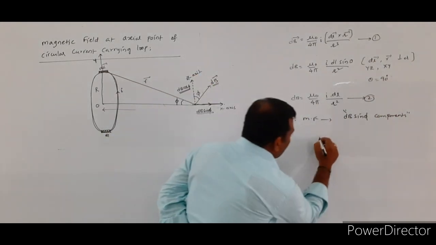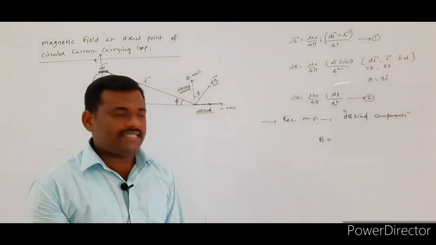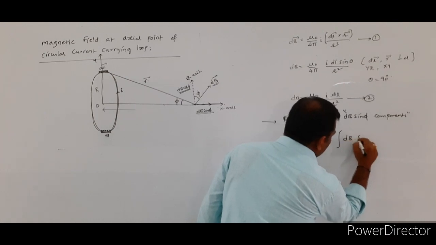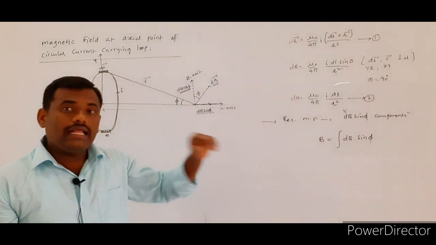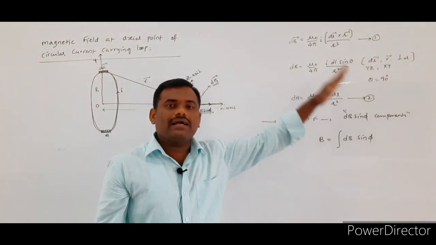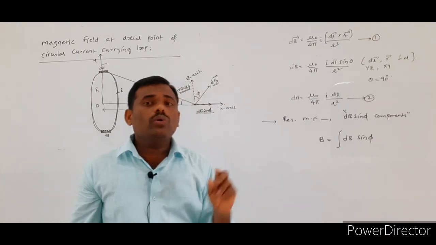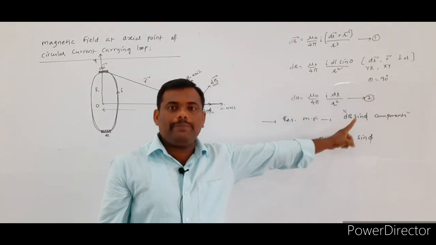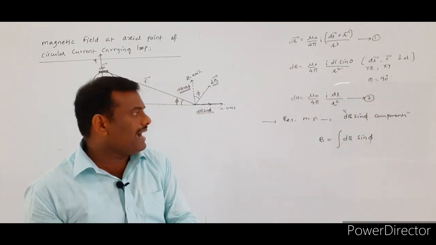Therefore the resultant magnetic field intensity B is equal to the integral of dB into sin phi. Cos phi components are getting cancelled out, and only dB sin phi components are giving the resultant magnetic field.